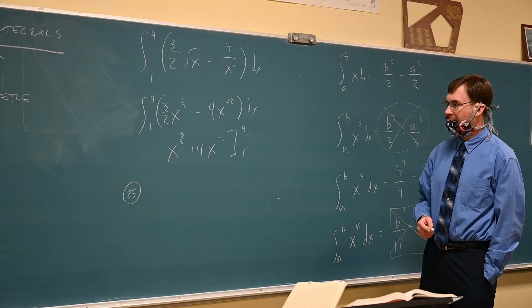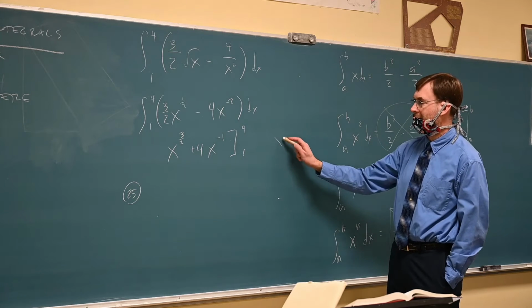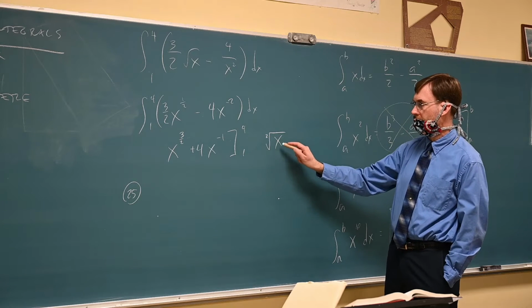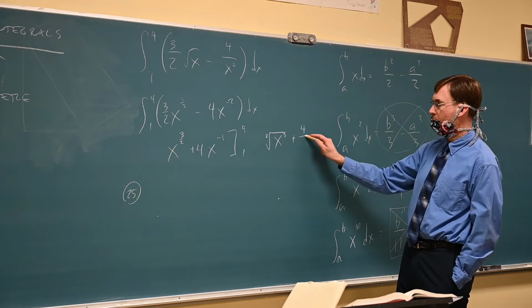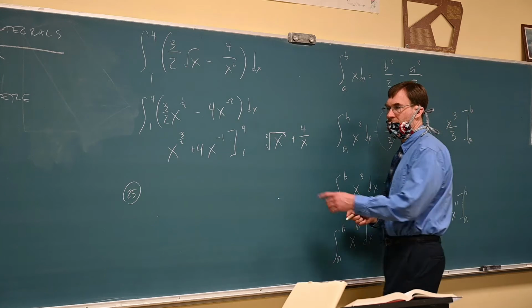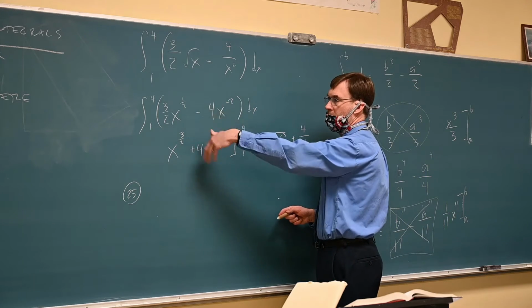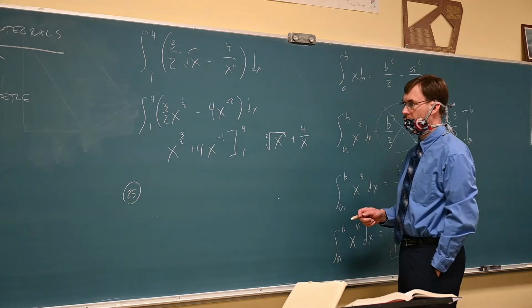When you go to plug in, you might prefer to transition back. This would be the square root of x cubed. This would be a 4 over an x. You might feel more comfortable in plug-in territory reverting back. But when you do the antiderivative, do the integral, I think you want to rewrite those.